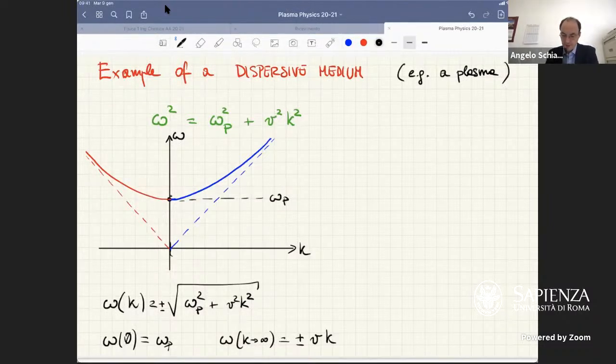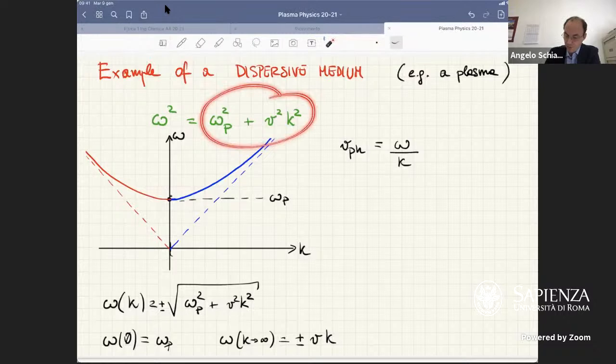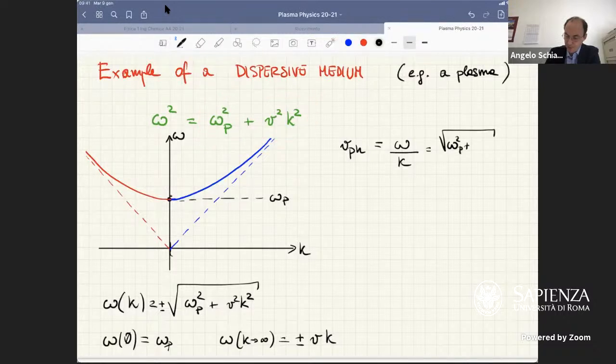We have to compute the phase velocity, v phase, which is defined as the ratio of omega and k. Omega is the square root of this function here, so this is the square root of omega p squared plus v squared k squared, divided by k.